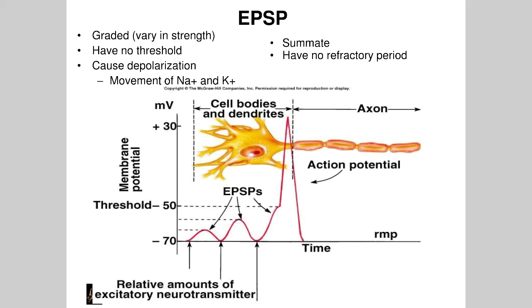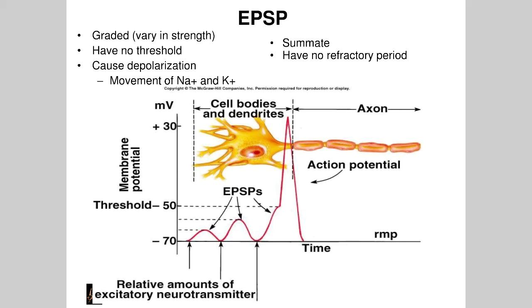Remember, an excitatory neurotransmitter is one that allows sodium in, or some other positive ion in, that allows the depolarization of the cell. In this case, it was a weak signal. Maybe the neurotransmitter only opened the gate for a short period of time, allowing only a little bit of sodium in, and you get that little red blip there. And that wasn't enough to reach threshold.